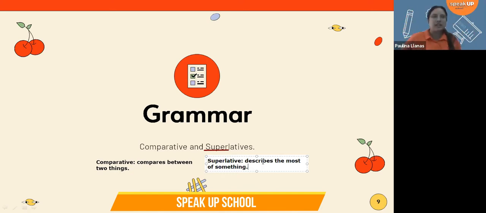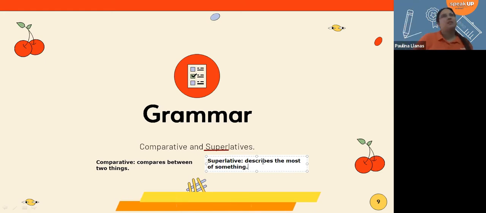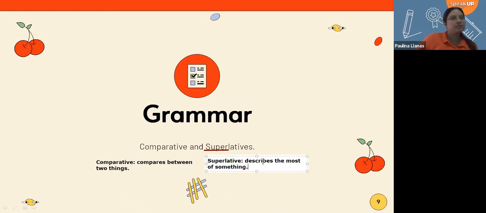The most intelligent, the most beautiful, the cheapest, the tallest, the happiest. Okay, that is the superlative. So these words can help us compare. Comparative, superlative.